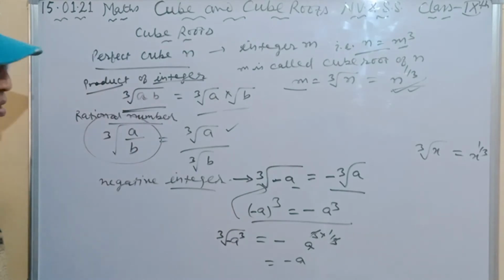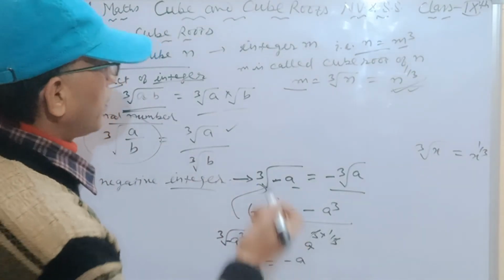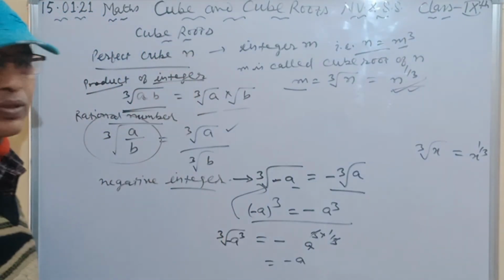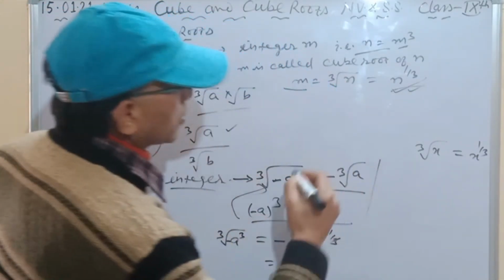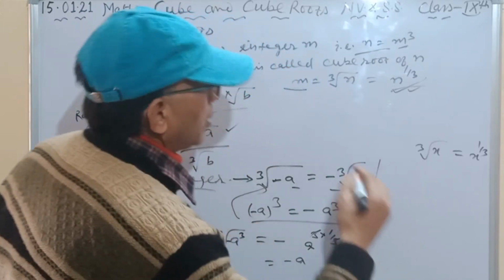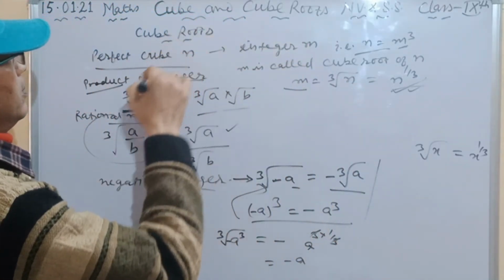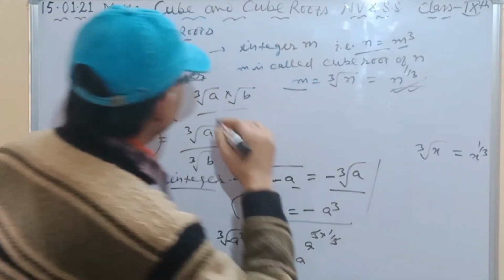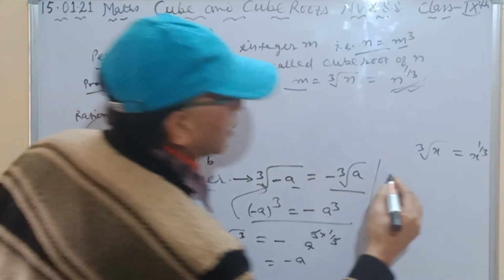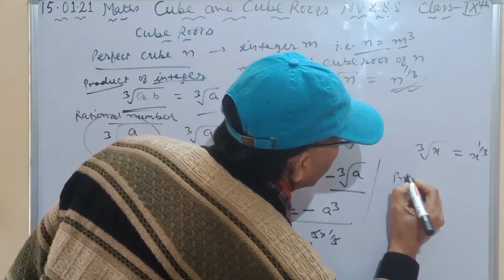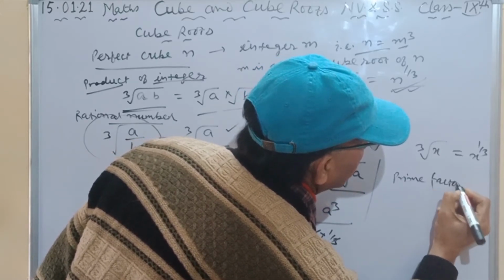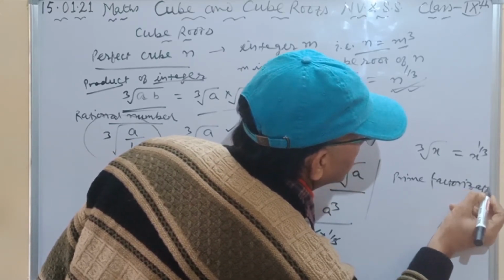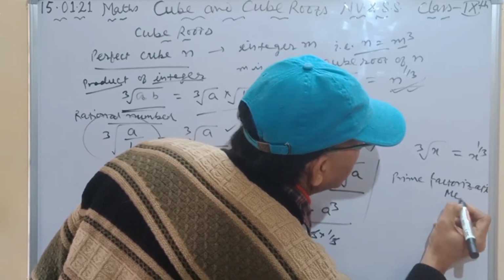Now we will solve the questions dependent upon cubes and cube roots, in which we will find the cube root of numbers, integers and others by the prime factorization method.